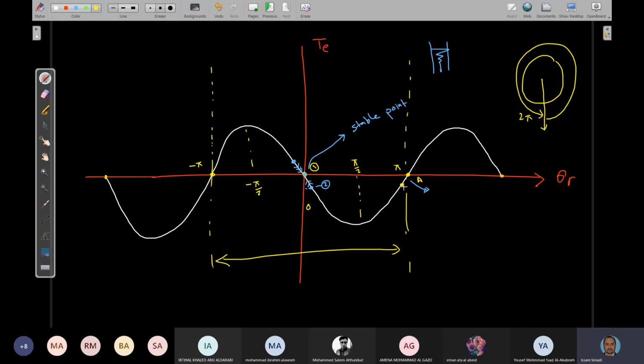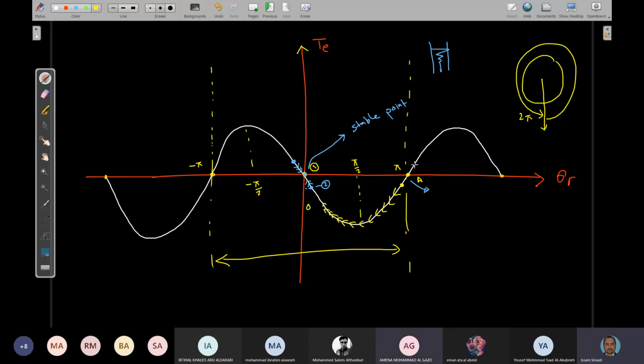If this torque is negative, I will reduce theta. Now this torque, positive or negative? Negative. So I will decrease theta until I'm reaching where? This point, the stable point. So this is an unstable point.